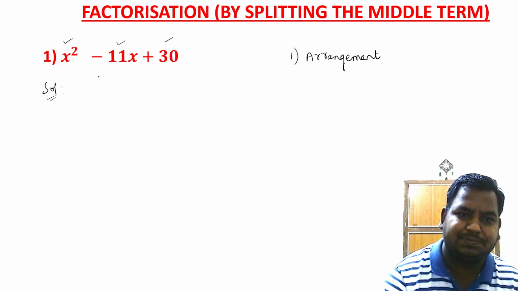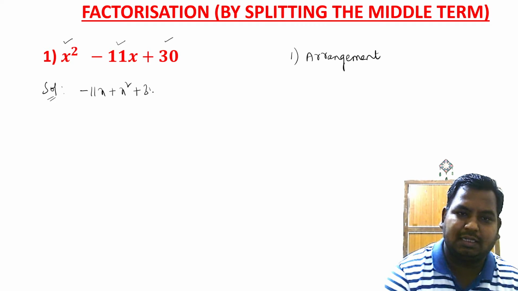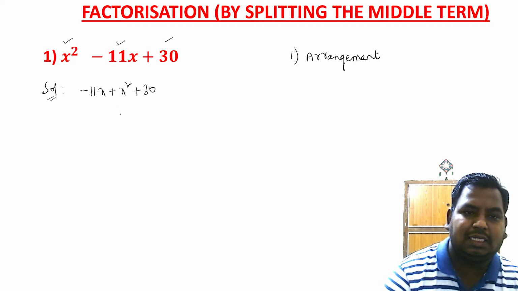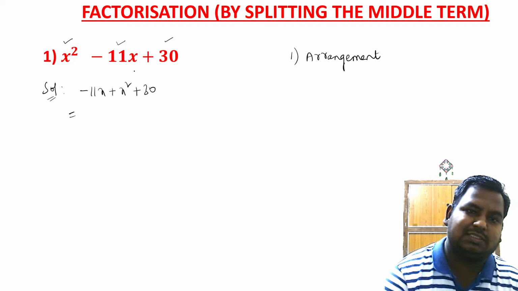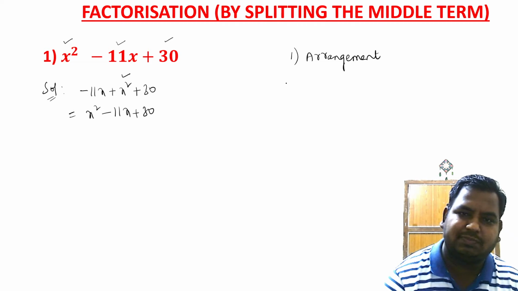But if we have minus 11x plus x square plus 30, then we have to arrange first. First we'll have the x square term, next the minus 11x term, next the constant. Arrangement is the first step.